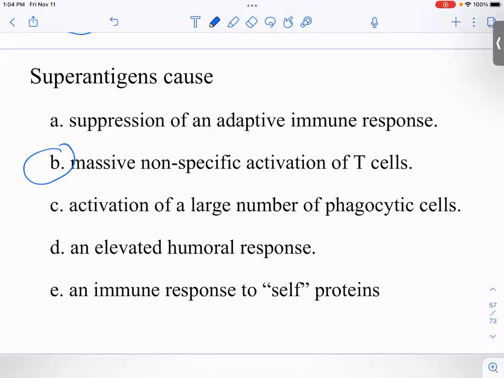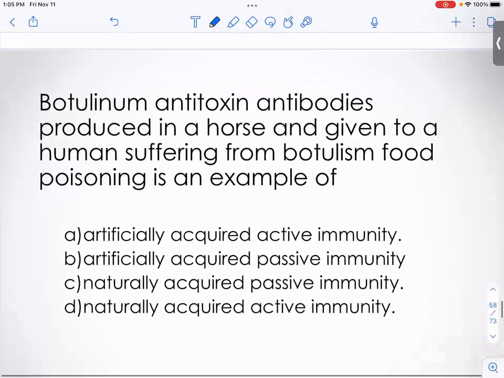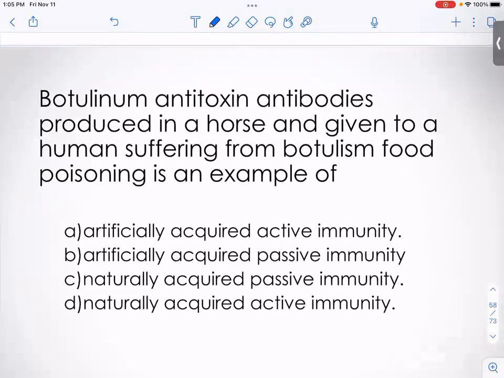I just made the rest of the stuff up. So, non-specific activation of a large number of T cells that cause release of lots of cytokines, overwhelming inflammation. We talked about that again last time. And then we talked about that terminology, active versus passive, natural versus artificial. See if you can apply those terms. So one more question.